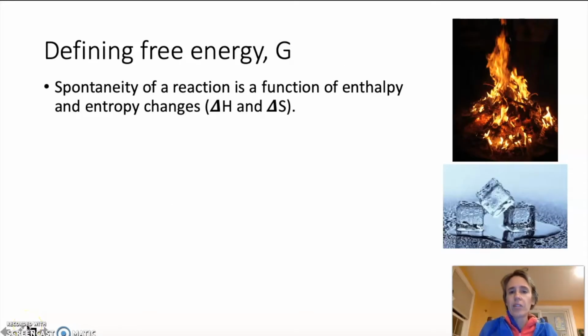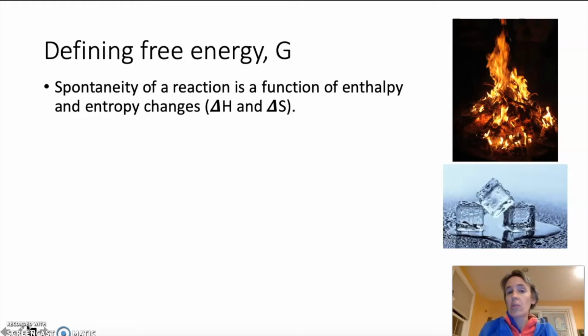So to define this term free energy, let's circle back to spontaneity. Spontaneous reactions happen without energy input. If we think about a bonfire or campfire, a lot of energy is being released there. And this type of reaction is favorable in terms of both the enthalpy and the entropy changes.